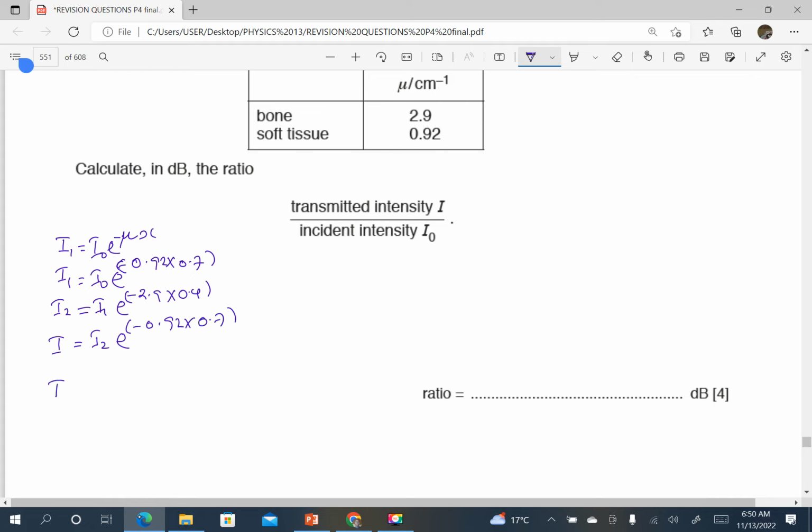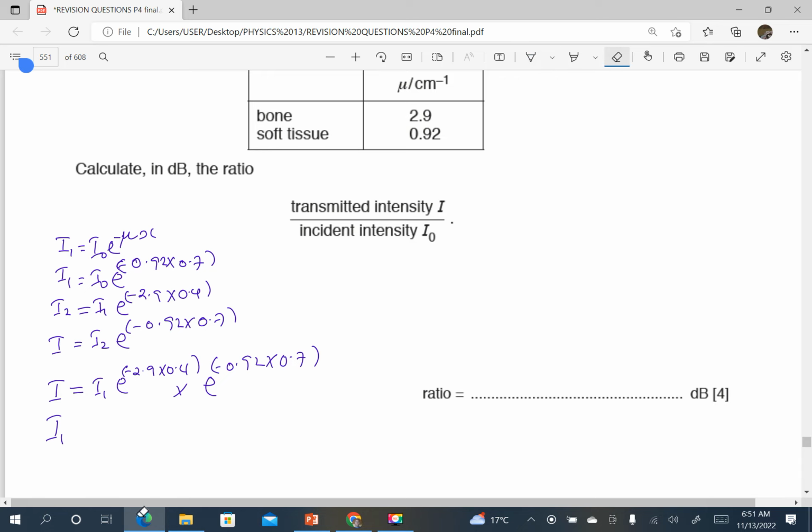So we want I over I naught, so we are going to do back substitution until we reach I naught. So I is going to be, where there is I2, I'll put I1, e power negative 2.9 times 0.4, times e power negative 0.92 times 0.7. I've just substituted for I2. Then I remove I1 again.